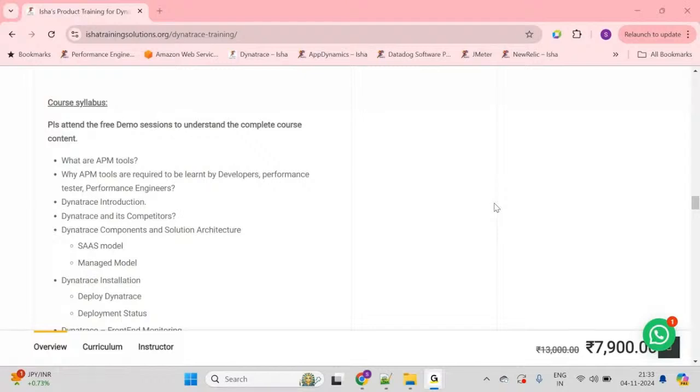If you are a little experienced, or from a different testing background, or from the DevOps side, or the development side, whatever it may be, this tool will definitely be useful for your upcoming career ladder, because the industry is moving towards APM, observability, and site reliability engineering. That is the reason I'm saying this tool will definitely help you grow in your career.